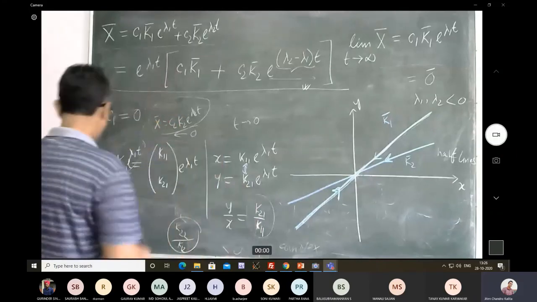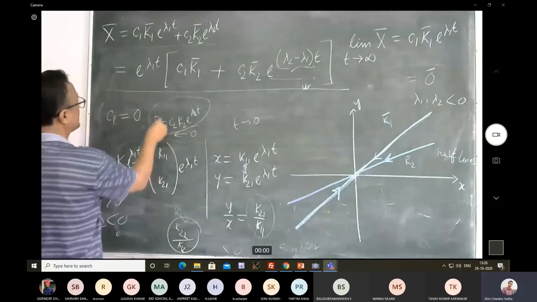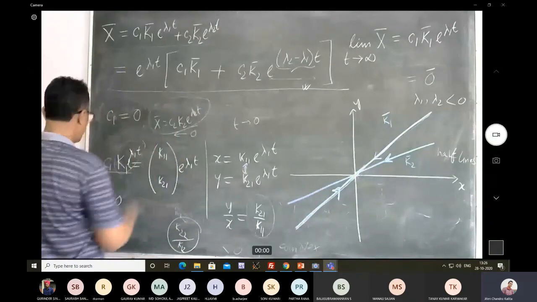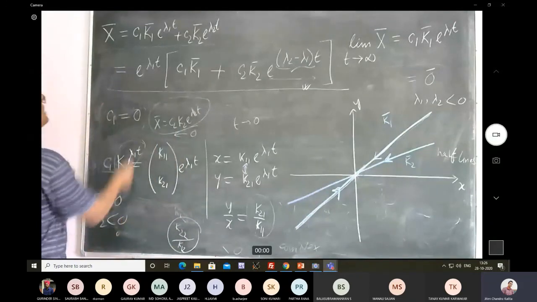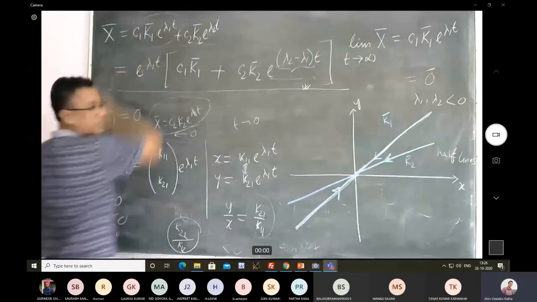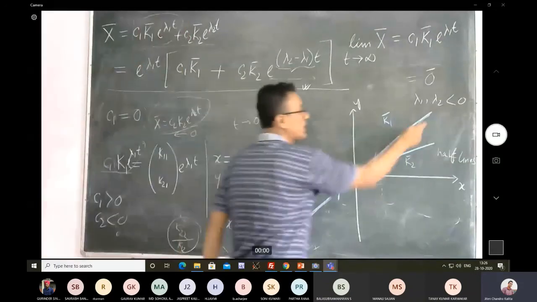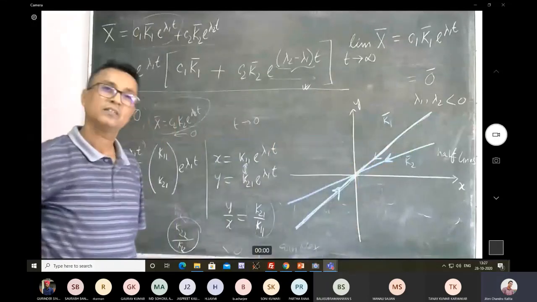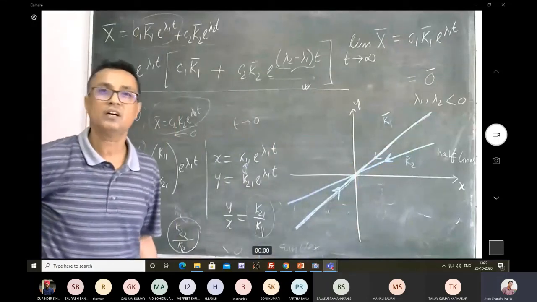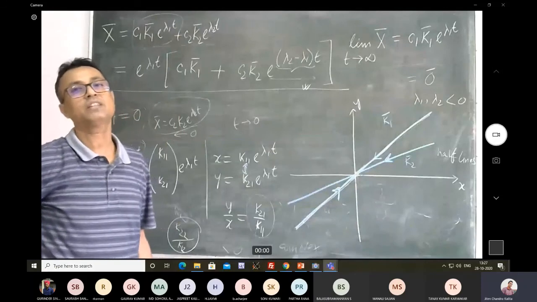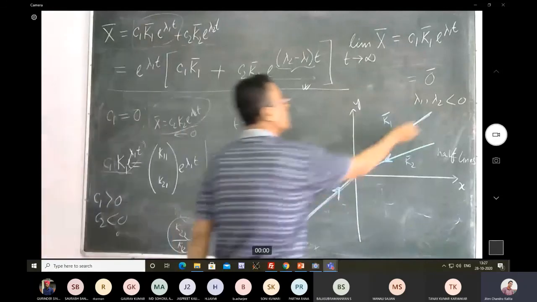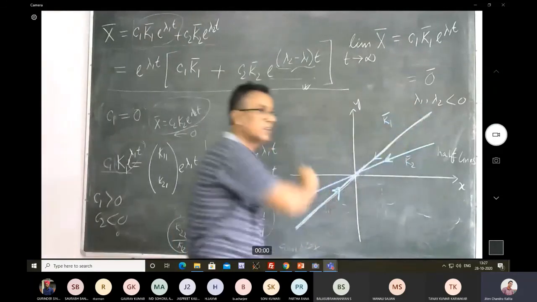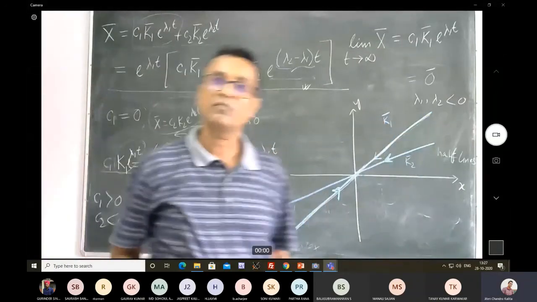Because when C1 becomes 0, then I get only x equal to this, and when C2 becomes 0, I get x equal to simply this, right? So in those two cases, I'm going to get these two factors. Depending upon whether C1 and C2 are positive or negative, I'm always going to get K1 and K2 as this. Is it clear now? You tell me.